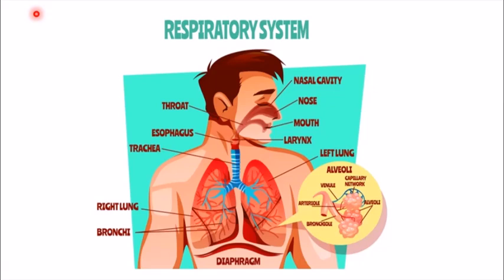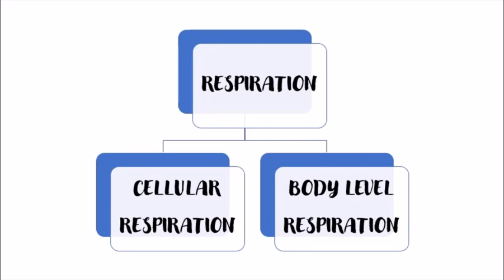Now in our body, different types of respiration take place. So let's learn about two different types of respiration. Respiration occurs at two levels, that is cellular level and body level. So you can say there are two types of respiration, cellular respiration and body level respiration. In cellular respiration, the foodstuff, that is carbohydrates, fats, proteins that we consume, are oxidized.